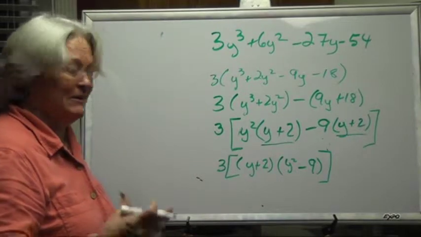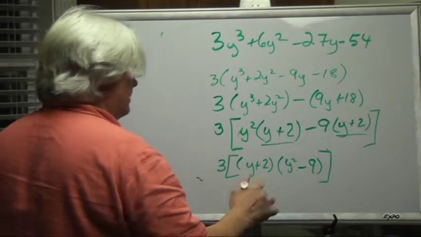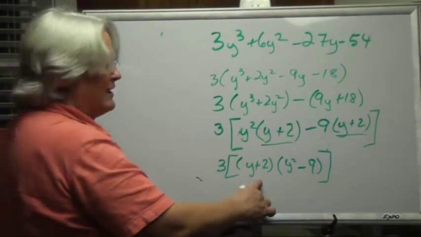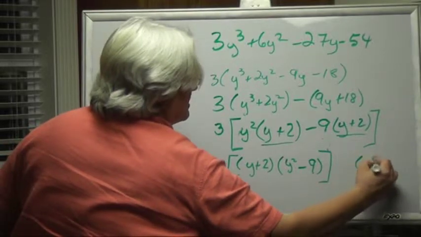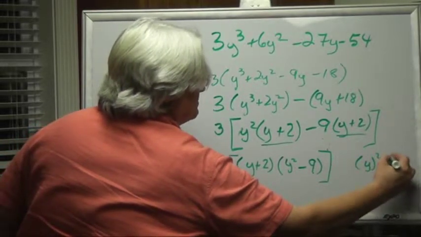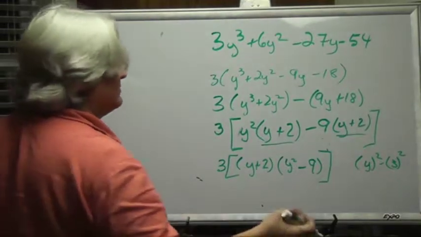Are we done yet? No, we're still not done. Y plus 2 you can't factor, but y squared minus 9, that's the difference of 2 squares. So you have to recognize the difference of 2 squares.